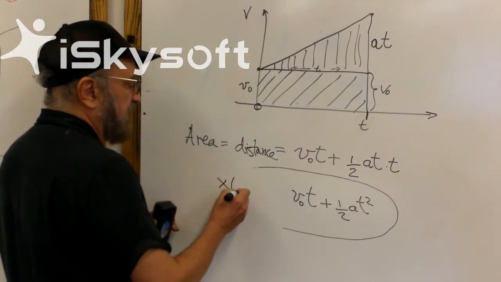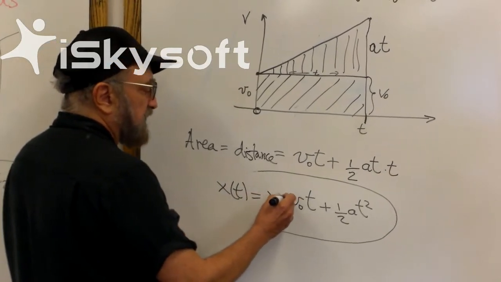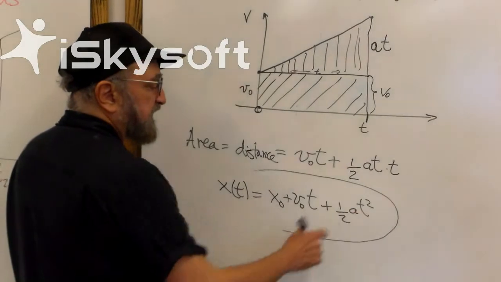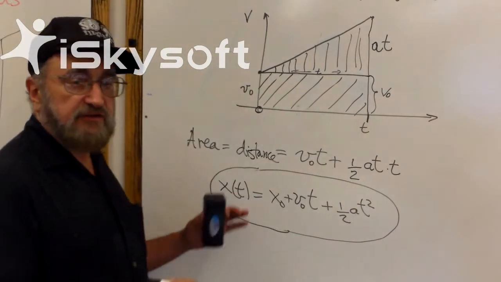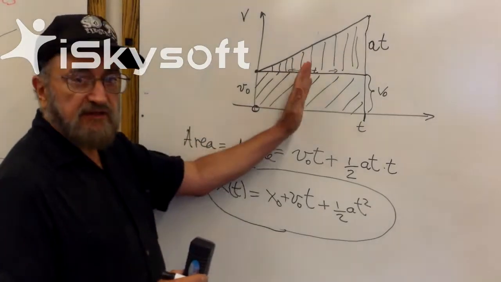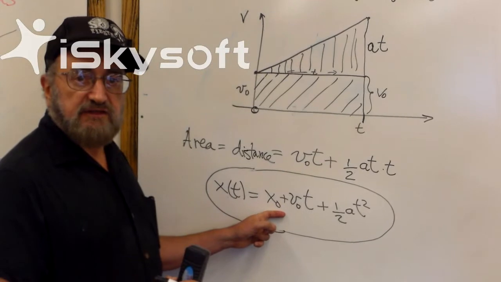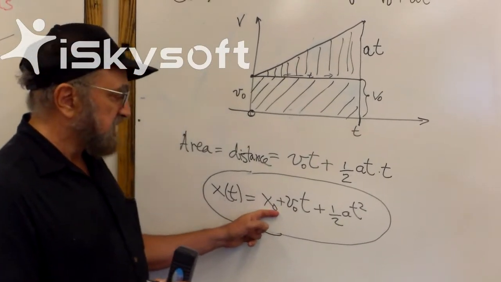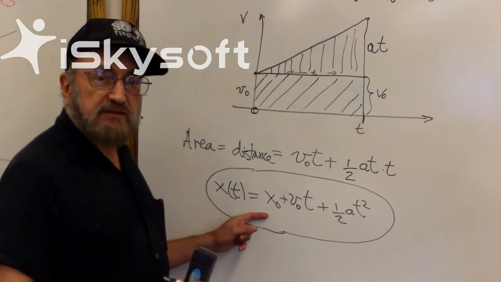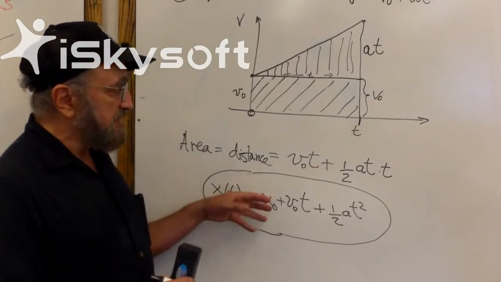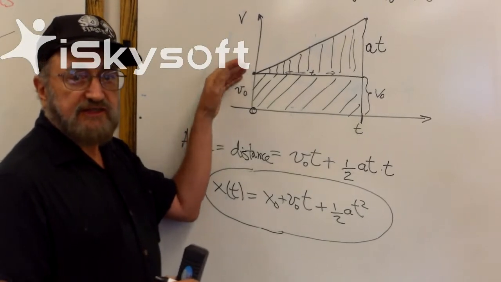So really the final answer is that x of t equals x0 plus v0t plus 1/2 at squared. And that's an illustration of an important point, that whenever you do an integral, whenever you do the area under the curve, it's possible to add a constant of integration, in this case x0. Now we have exactly the same formula as we studied for constant acceleration. That makes sense because the graph we used is the graph for constant acceleration.